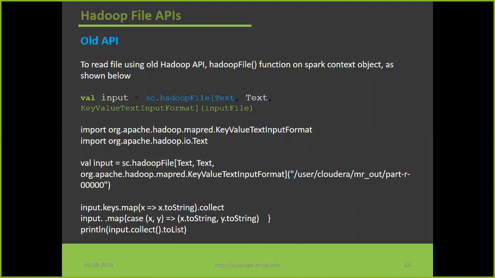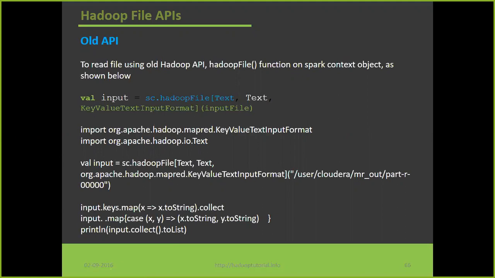If you want to read them, we can read them by using KeyValueTextInputFormat. And to read any other Hadoop specific files, we have two APIs. One is the old API, and we have one new API as well.